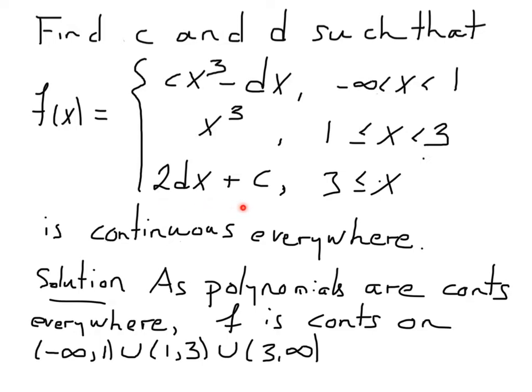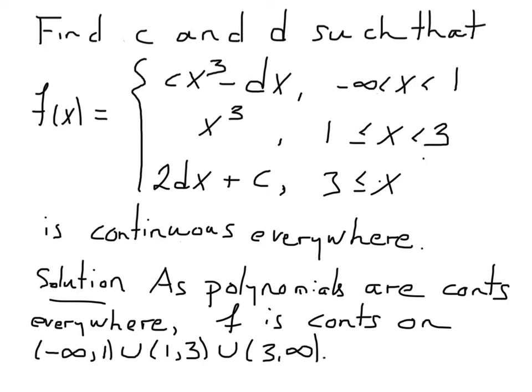Again, it's a polynomial, and so it's going to be continuous regardless of what d and c are. All right, so the places where f might fail to be continuous are at these points 1 and 3, which are those places where the recipe for our function changes. So what we're trying to do then is find c and d which will make f continuous at 1 and 3. That's really our problem.